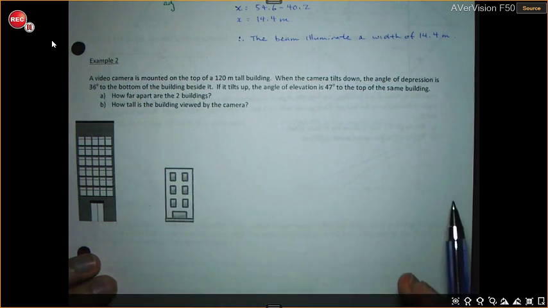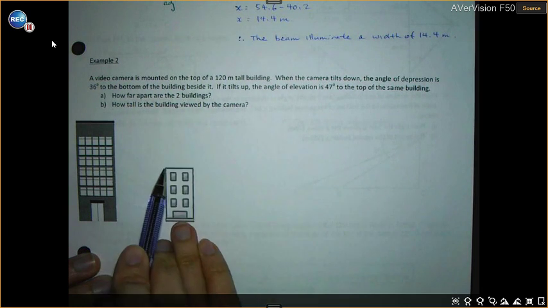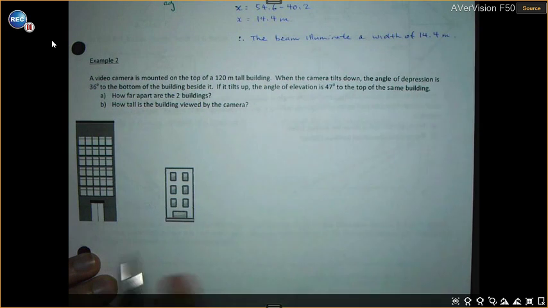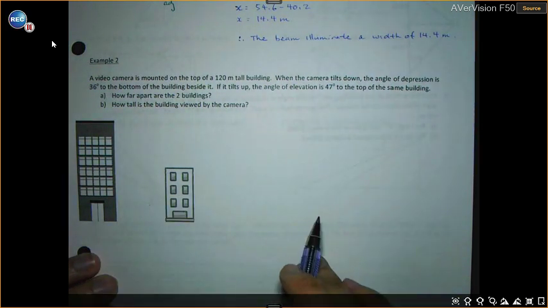So we know one of the buildings is 120 meters tall. Now, the camera can tilt up and down to the next building. That means the camera has to be on the shorter building, so this building is 120 meters tall.